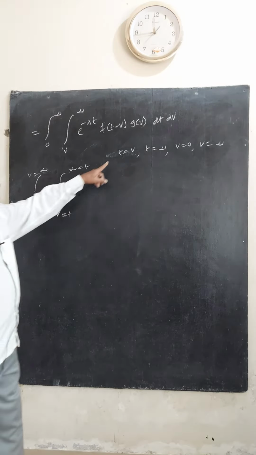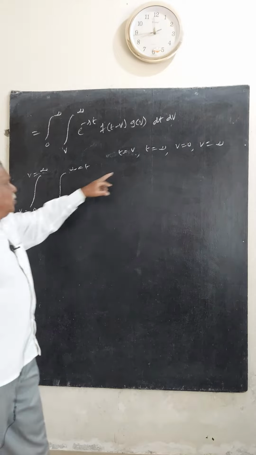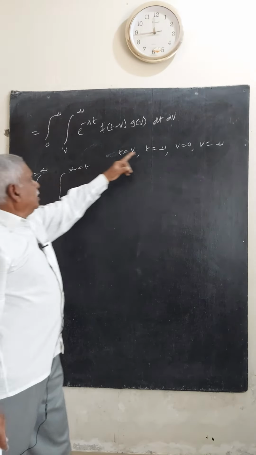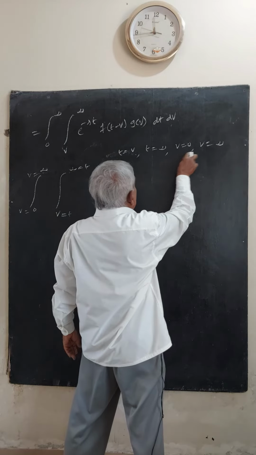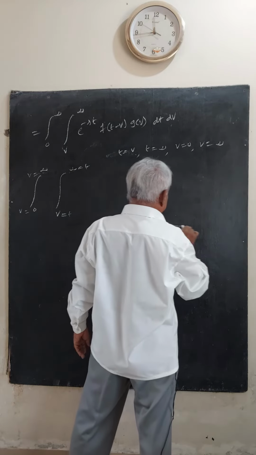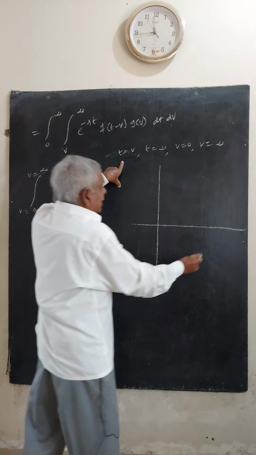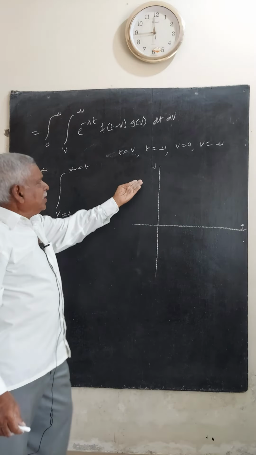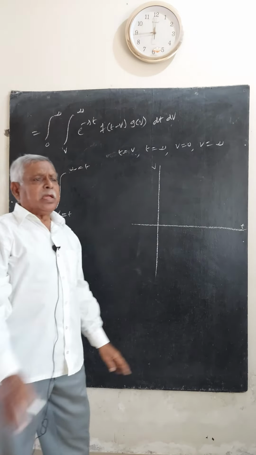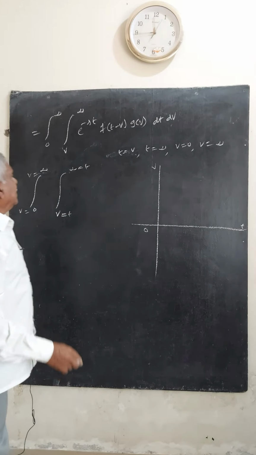Drawing a diagram by applying these 4 equations. This axis is the t axis, let this axis be the v axis. You can take this as t or this as v. Anyway, you can take the axes to change the order of integration.